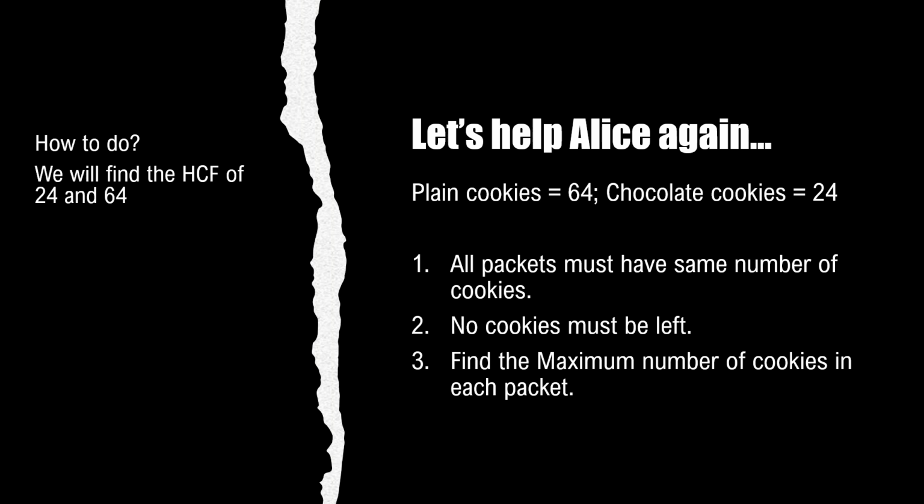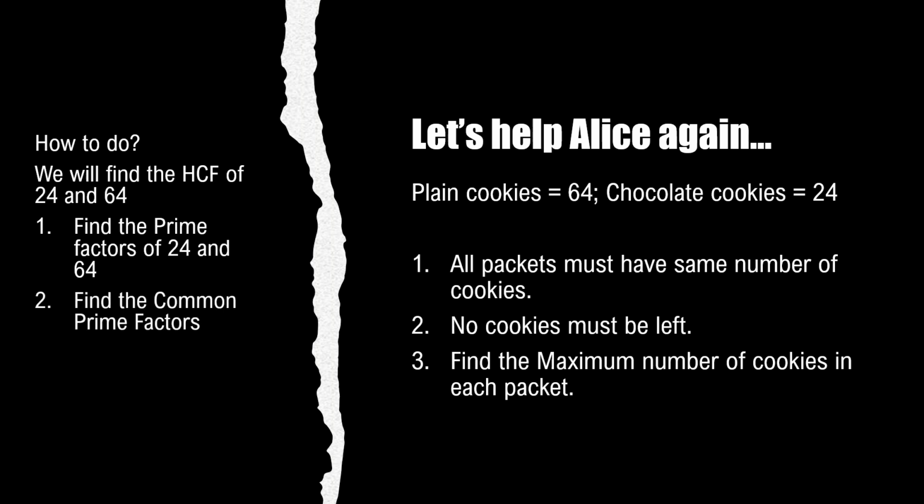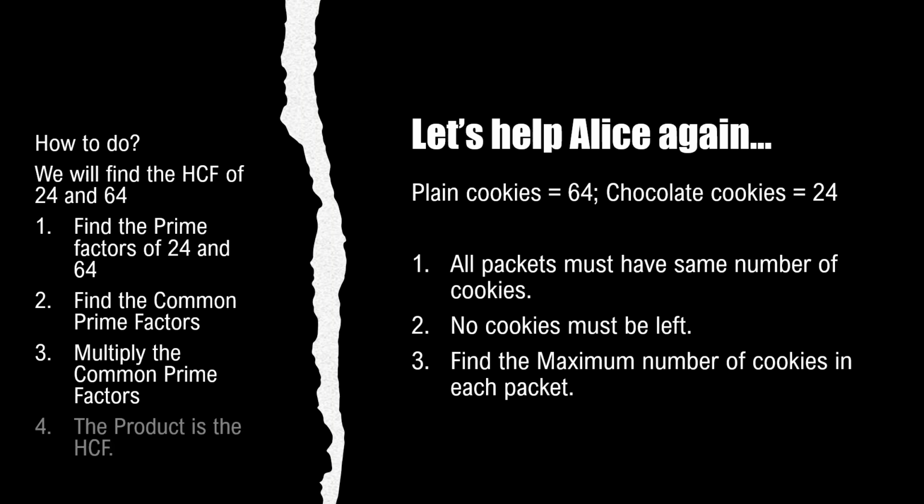What are the steps to find the HCF? First, we will find the prime factors of 24 and 64. Next, we will find the common prime factors between 24 and 64. After that, we will multiply the common prime factors. The answer or the product that we get after multiplication is the HCF.